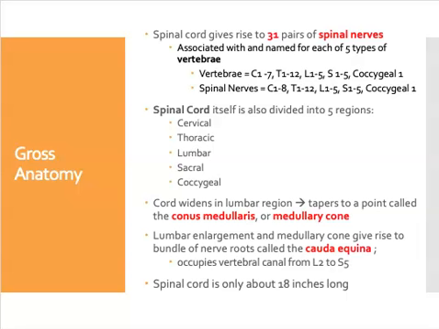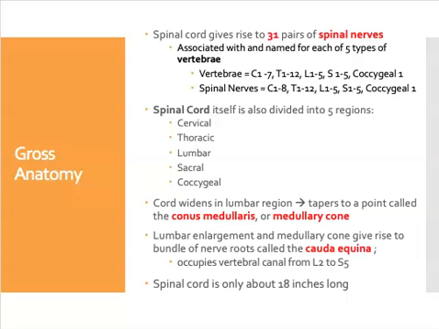Now, what happens at the end of the spinal cord is a bundle of what we call nerve roots emerges and continues to travel down to the end of the vertebral column. These nerve roots, this bundle of nerve roots, also gets a name.